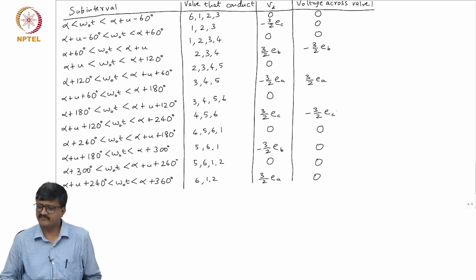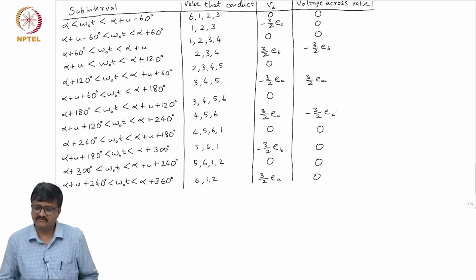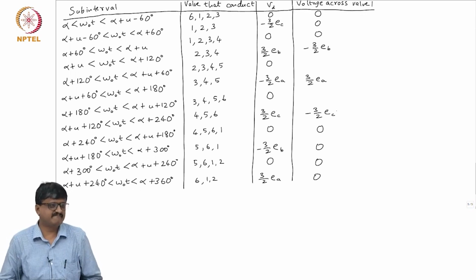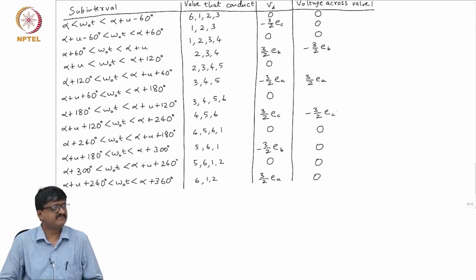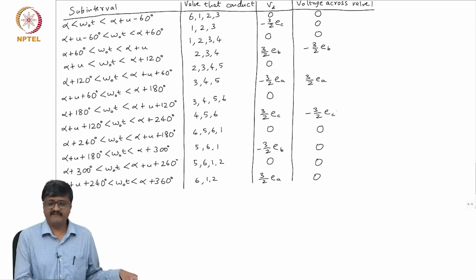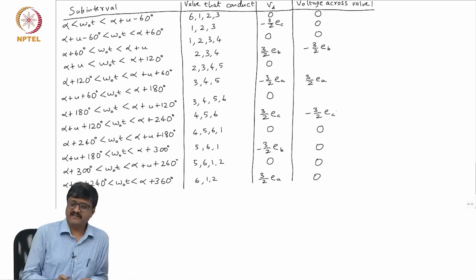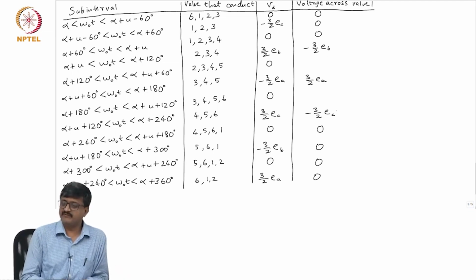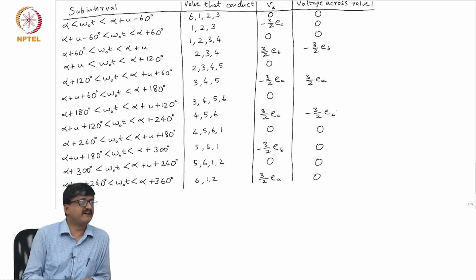Now let us come to the case where valves 2, 3, 4 and 5 are conducting. What is the voltage across valve 1 when valves 2, 3, 4 and 5 are conducting? When 2 and 5 conduct, the DC side voltage is 0. Vd is 0, of course.